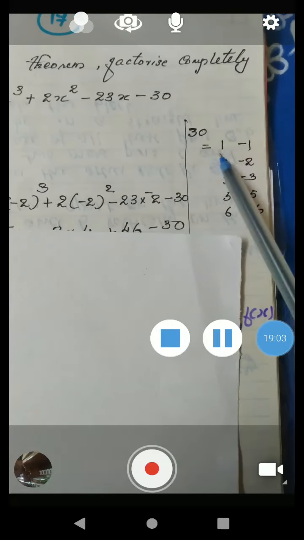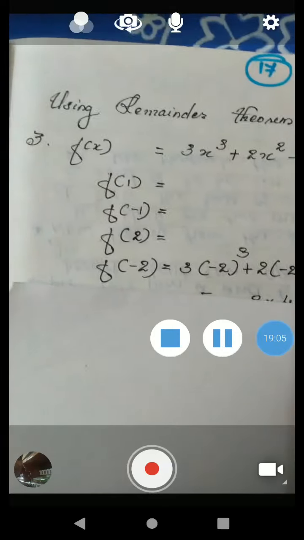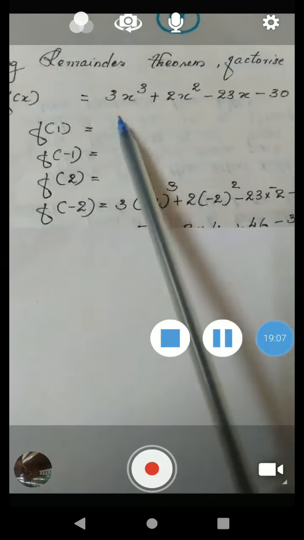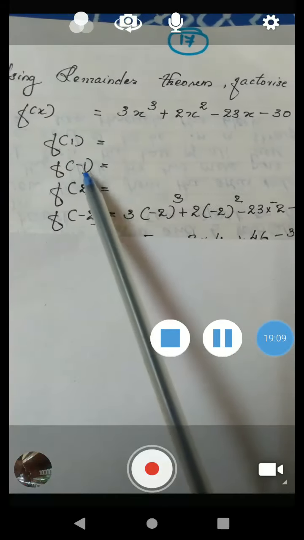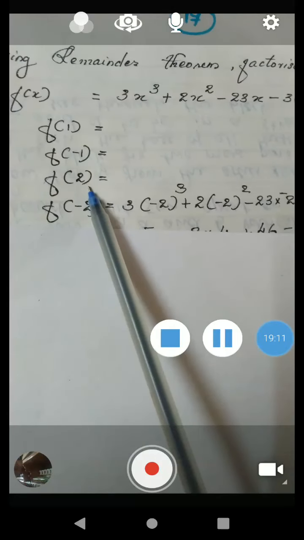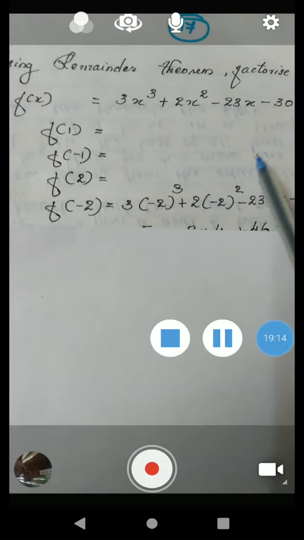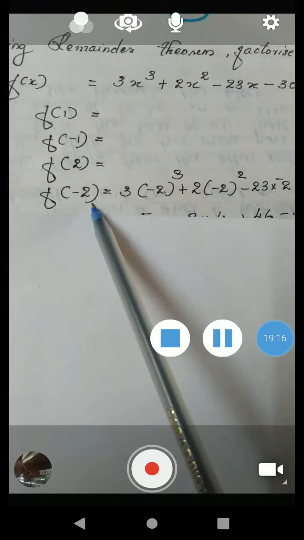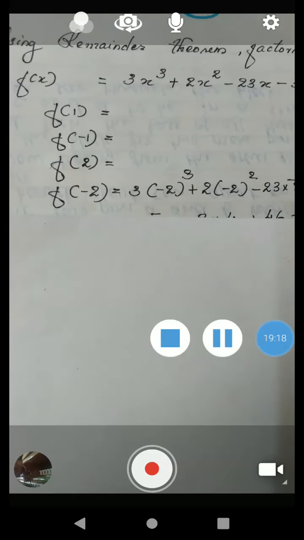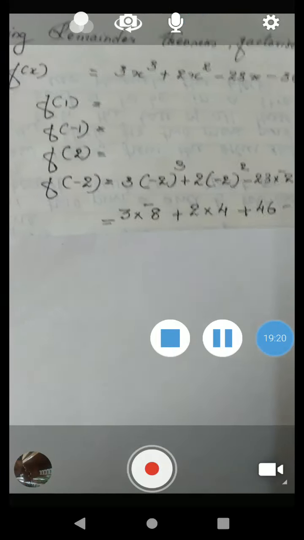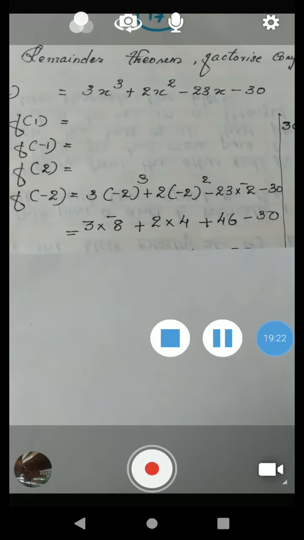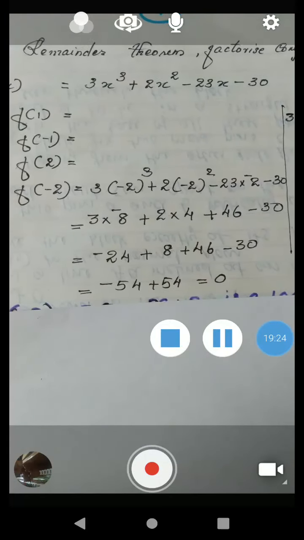Now we can consider first f of 1. You can do with 1, minus 1, 2. We will not get 0. So, next is f of minus 2. When you substitute minus 2 in the place of x, you will get 0.